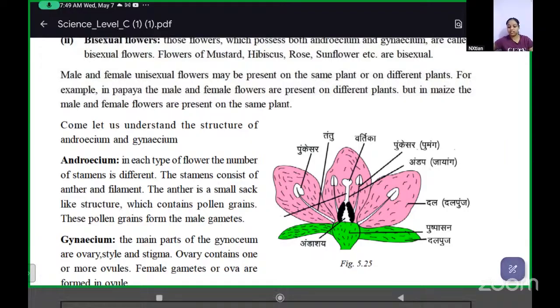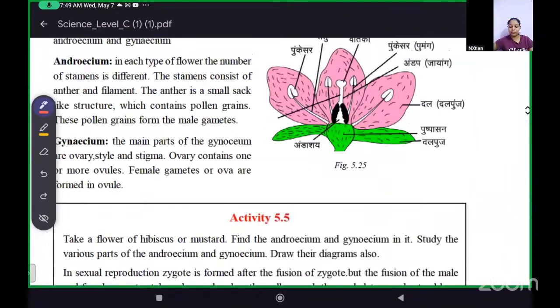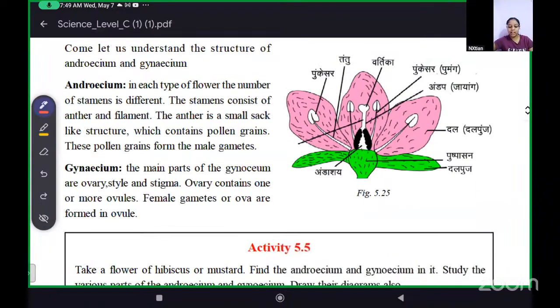No. Anther. Anther and filament are two parts of androecium. Gynoecium has three parts: ovary, style, and stigma. Androecium is also called stamen.